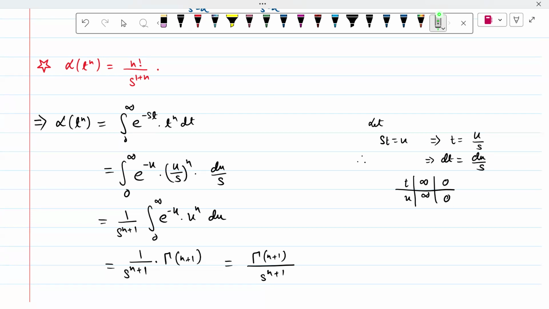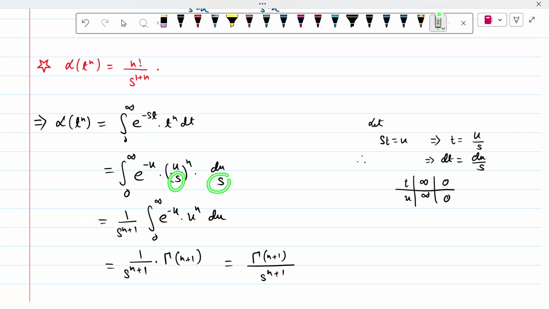So the limit becomes 0 to infinity, e to the power minus u, and for the value of t we put u by s to the power n, and here we replace dt by du by s from this formula. Now what do we get? We have s to the power n in the denominator, and here we have s.